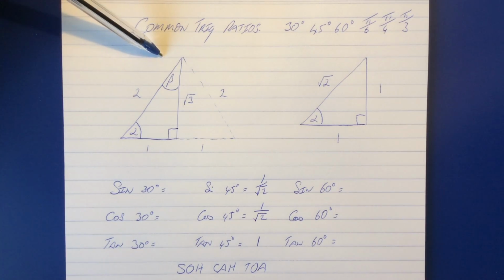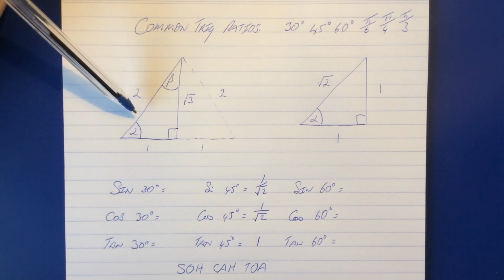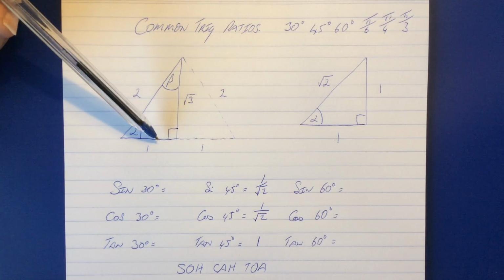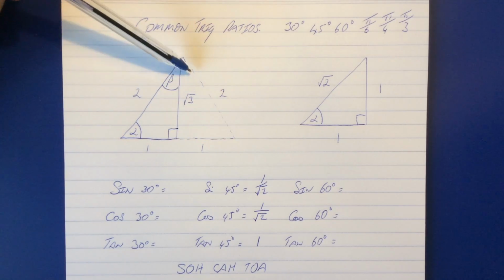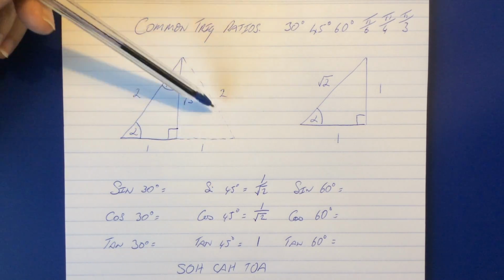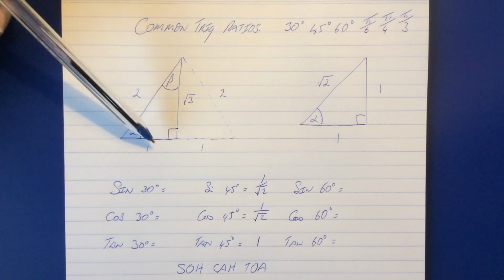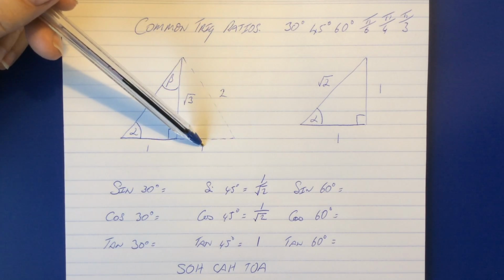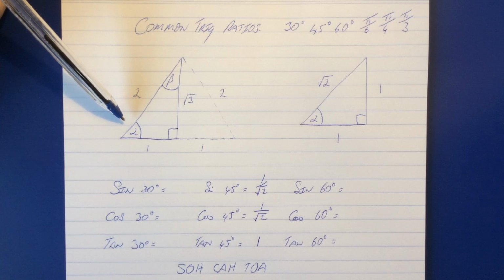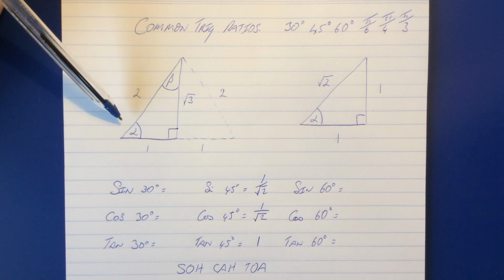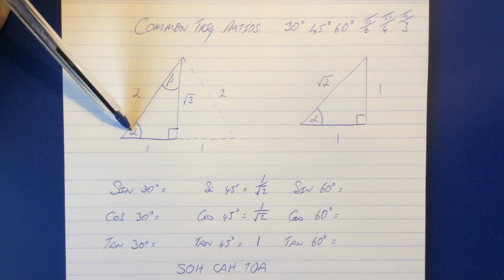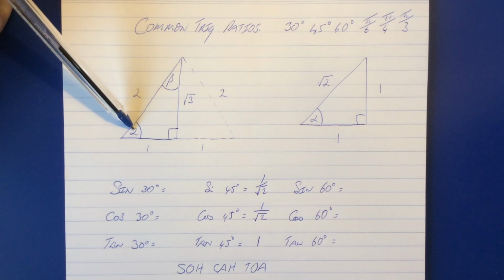Okay, so the second triangle yields more information. And this second triangle consists originally of an equilateral triangle with sides of 2, 2, and 2. 1 and 1, 2. And because it's an equilateral triangle, we know that this angle in here is 60 degrees.